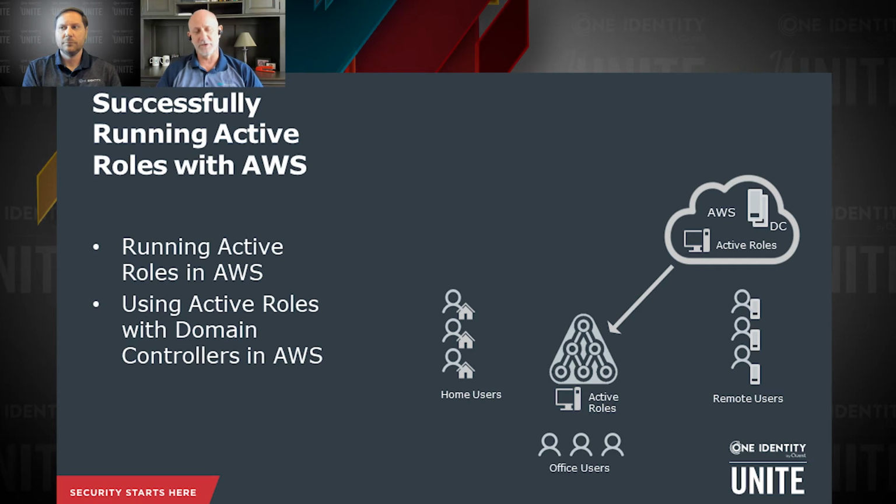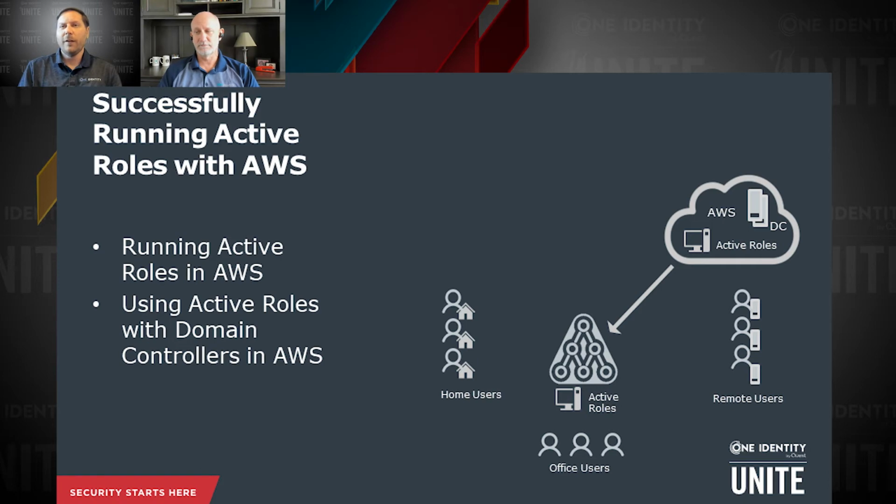You may have put a domain controller in the cloud for fault tolerance or disaster recovery. But there's really nothing preventing you from running Active Roles in that AWS cloud as well, on infrastructure as a service. That's going to service the users and the admins the same way it did before. You might want to use the web interface more than the MMC to make things even easier, but that's available to you.